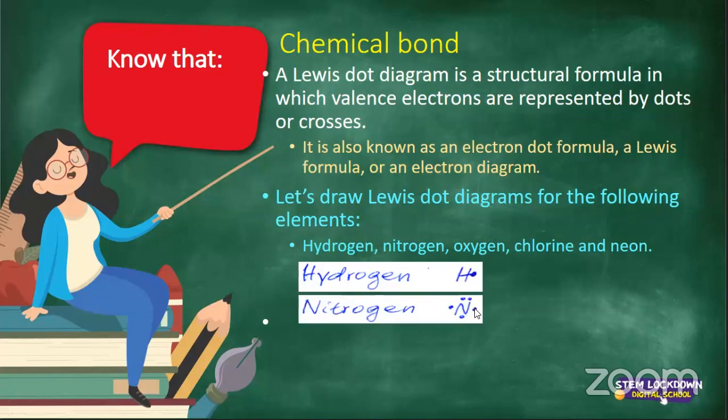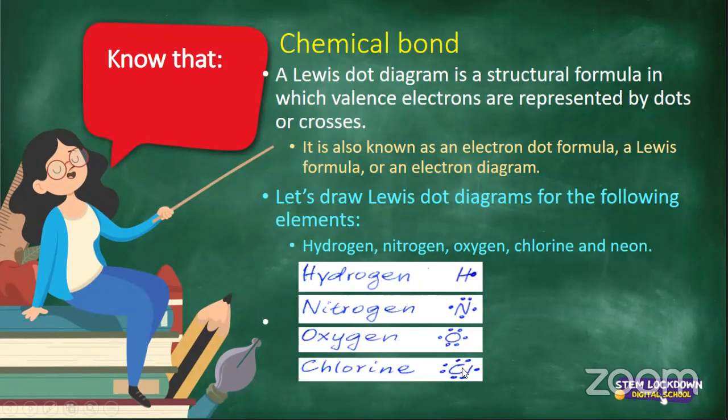And then nitrogen, because it is in group 5, it is represented by this 5. We do this paired electrons and these 3 electrons that are unpaired. Right, same applies to oxygen. It is in group 6, it will have 6 electrons on the outer energy level, or it will have 6 valency electrons.